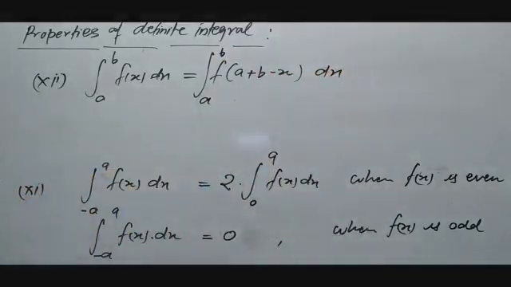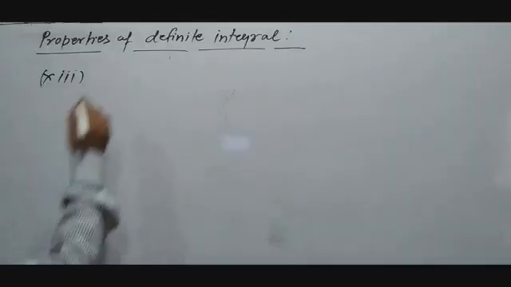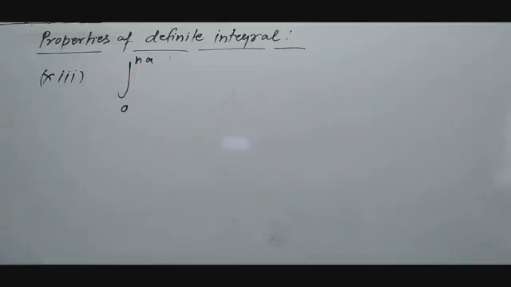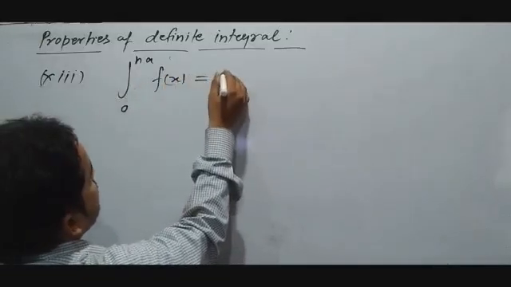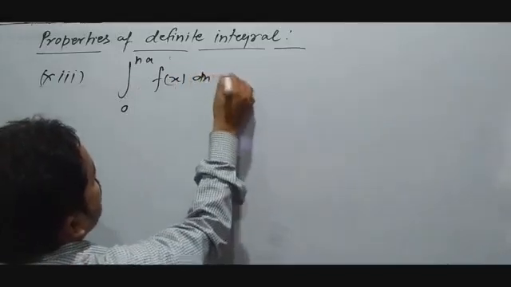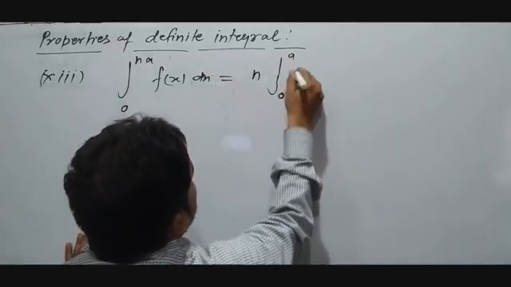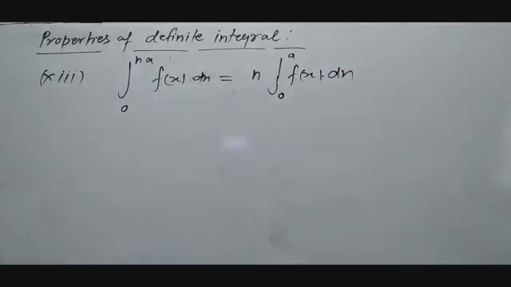Now the next property, the 13th property: integration over 0 to n times a of f of x dx is equal to n times integration over 0 to a of f of x dx, when the function f of x is periodic, that is f of x is equal to f of a plus x.